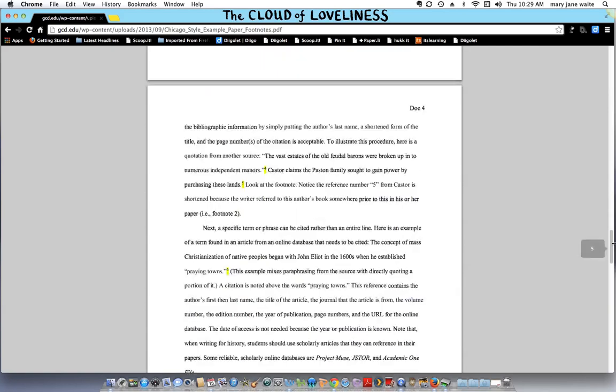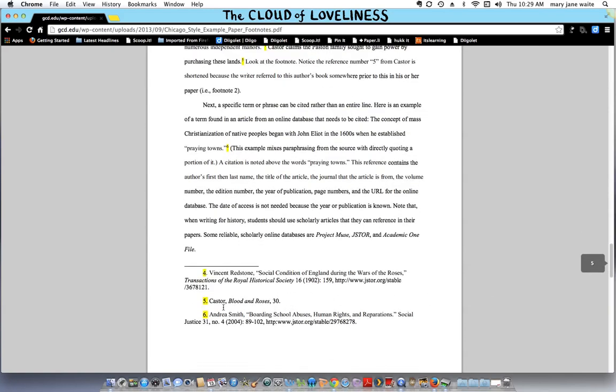All right, so let's go back to our footnote number 5. This is, again, the beauty of using Chicago style footnotes. When we have a repeat of information of a previous source, we shorten that information. As we saw before, because it was immediately after our cited full source, we could just say Ibid with the page number. However, because we have a break from footnote number 3, which was Ibid, we have Vincent Redstone.